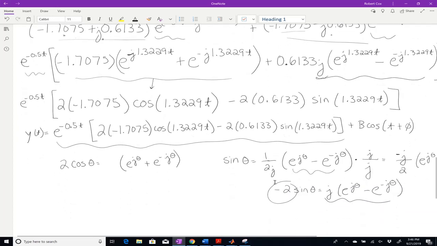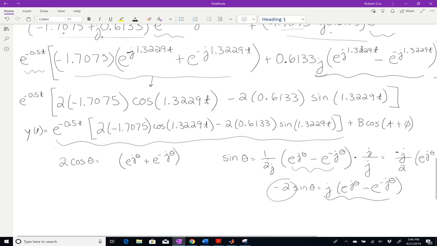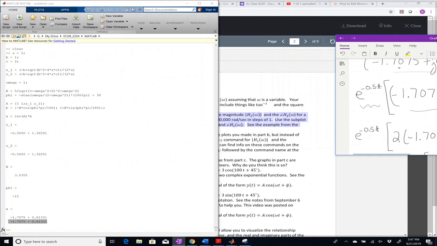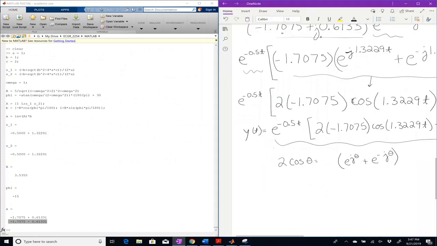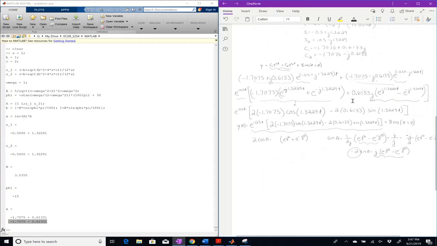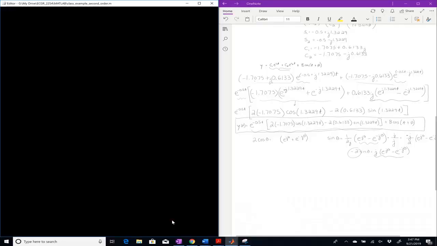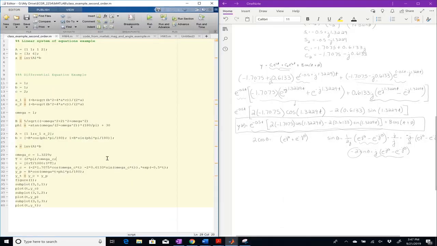All right, so what I'm going to do is try to plot that now in Matlab. So let me make this smaller. Just so I remember, this is the guy here that I want to plot. And here's my Matlab code for that. Notice I defined a range over which to plot.